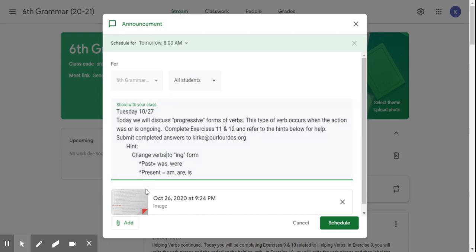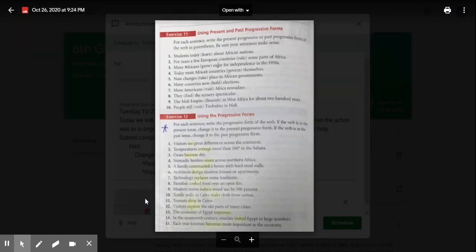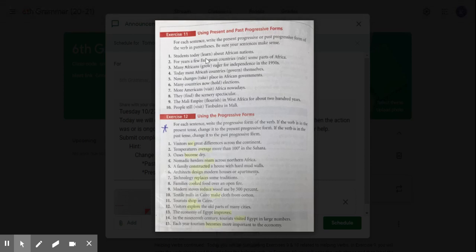So, as an example, to look at these from the exercises 11 and 12, in exercise 11, it pretty much is straightforward, but it says for each sentence, write the present progressive or past progressive form of the verb that's already there. And then it also reminds you to be sure your sentences make sense. So, for an example, number one says, students today learn about African nations.